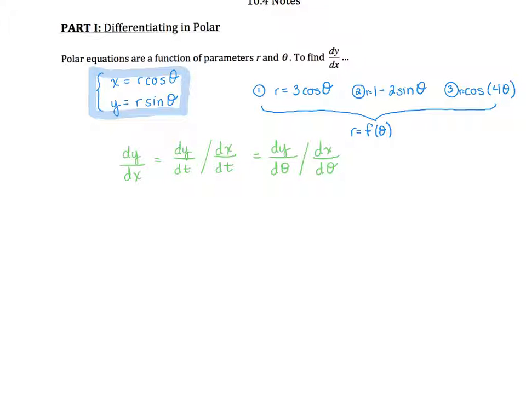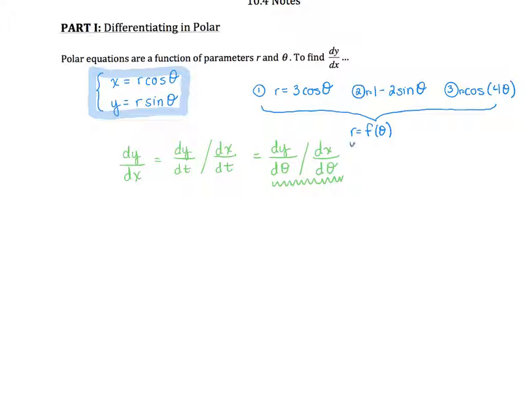Hopefully you could see that x is a function of two variables, you've got r and theta, and the same thing for y. And r is not a constant. Your radius changes based on what your angle is. So we've got two variables here. But in order to use this definition of slope of the tangent line for parametric equations, we need to get it down to a function of one variable.